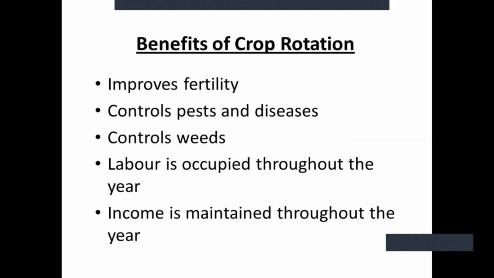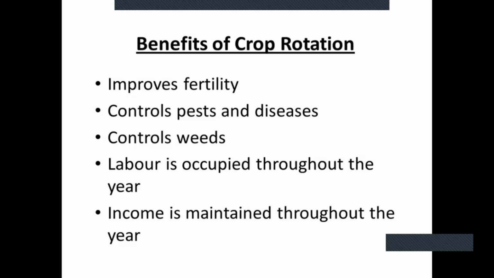What are the benefits of this crop rotation? It improves the fertility of the soil, controls pests and diseases, and controls weeds. Weeds, which are unwanted plants that grow in the field, are easily controlled.